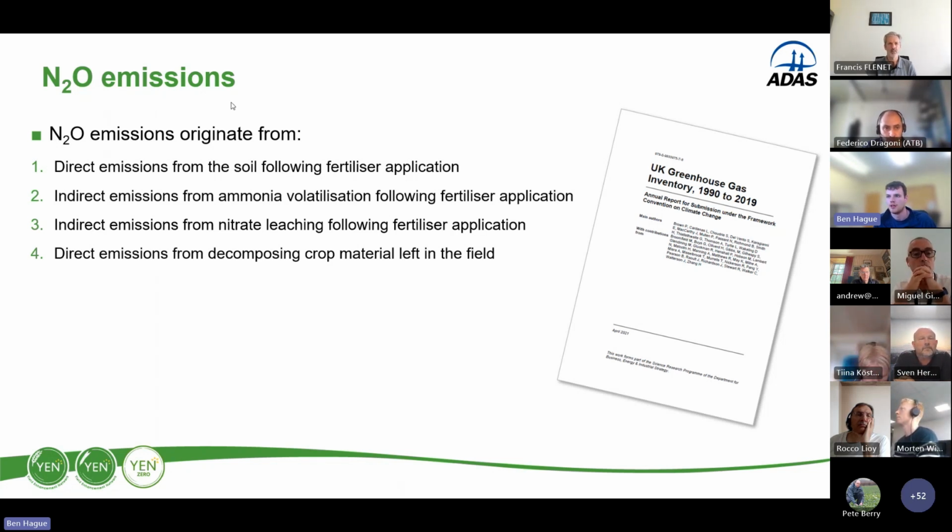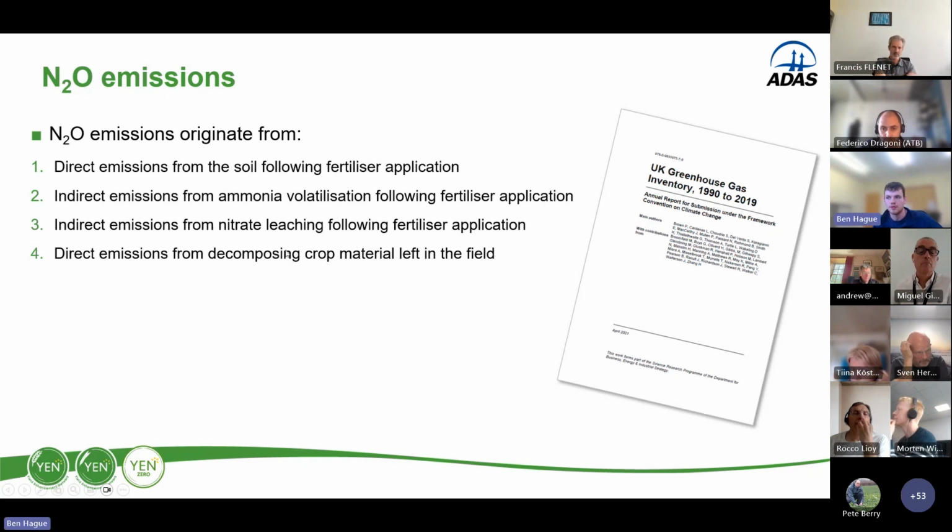But there are also other nitrous oxide emission sources, including indirect emissions from ammonia volatilization following fertilizer application, indirect emissions from nitrate leaching following fertilizer application, and also direct emissions from decomposing crop material left in the field, such as crop residue decay.